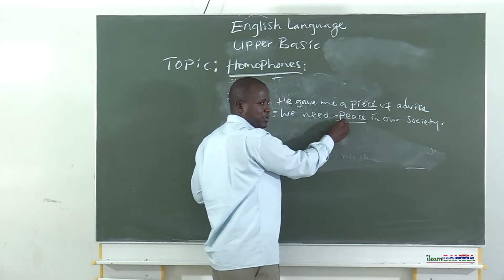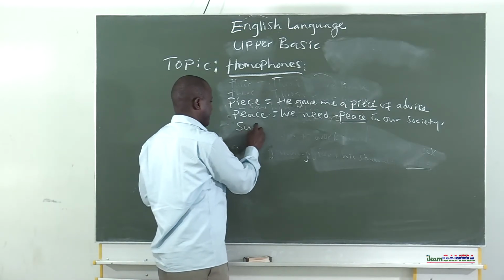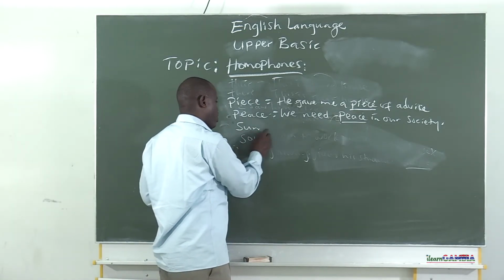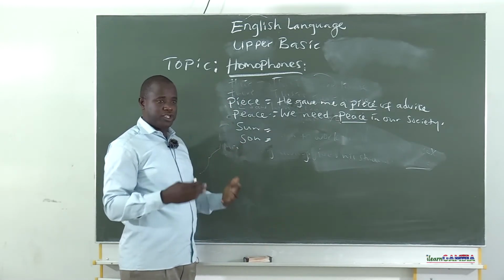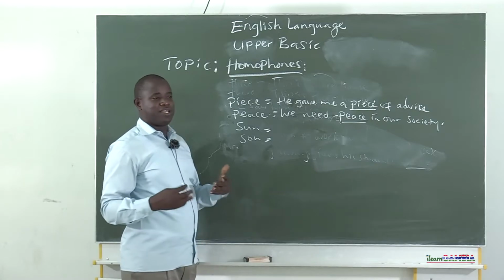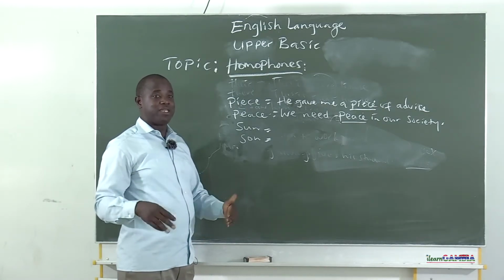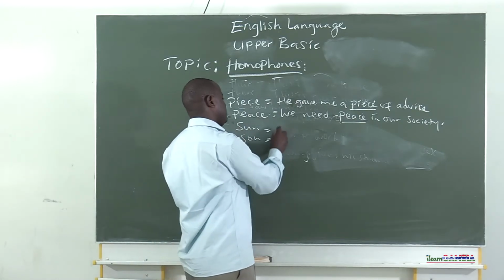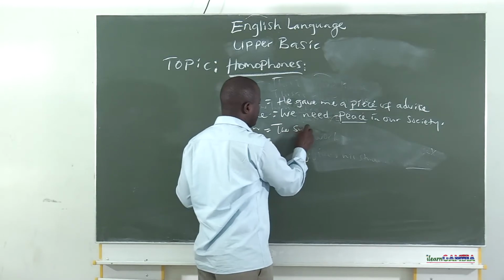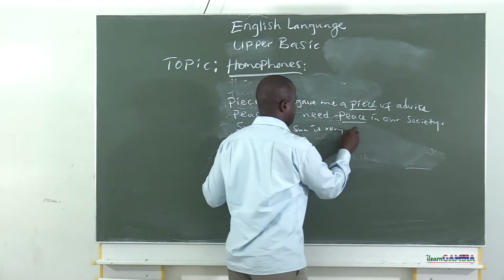Is that understood? Right. So same thing, we can use S-U-N and S-O-N. Son. The two words are pronounced the same, but they have different spelling, and of course they mean differently. Now let's take this example, sun. The sun is very hot today.